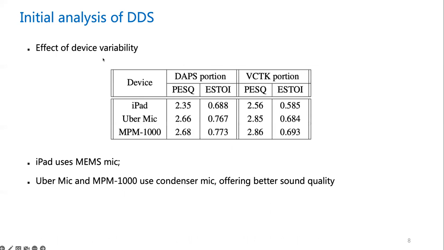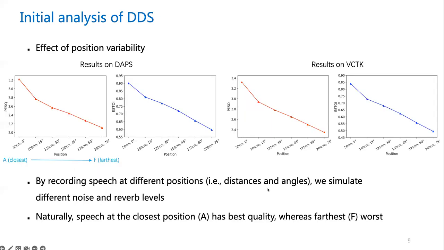We also analyze the effect of device variability, and we can see that the speech recorded by iPad has relatively lower scores. This is because iPad uses a cheap MEMS mic, and the other 2, Uber mic and NPM, use condenser microphones, which offer better sound quality.